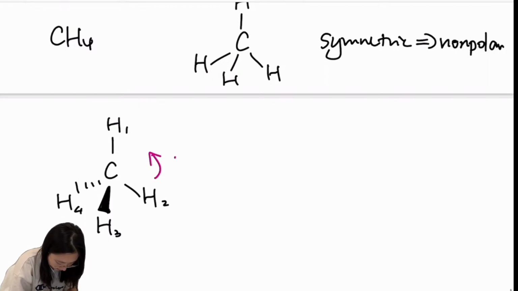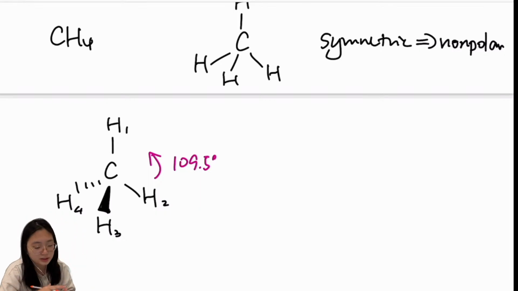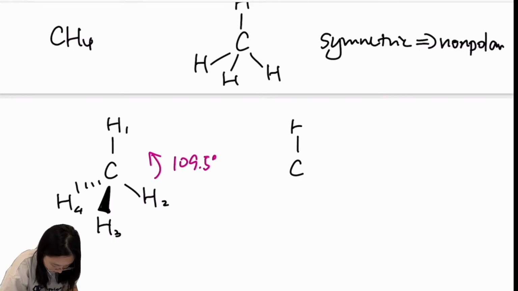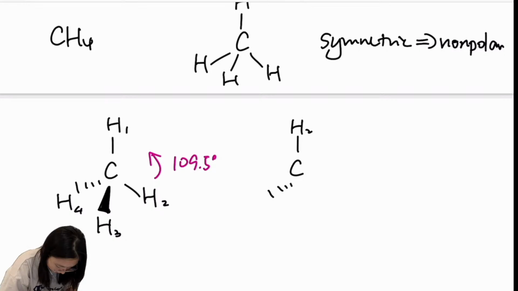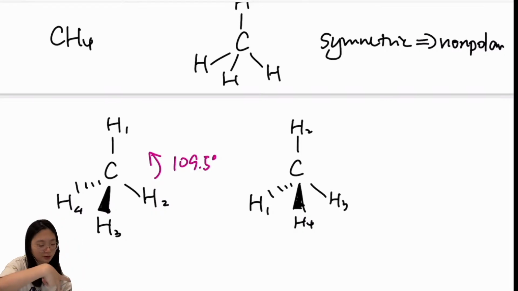Let's say you're going to flip it by 109.5 degrees. Then it's going to be exactly the same look. So when you flip it, hydrogen 2 is pointing upward, then hydrogen 1 is pointing downward. And then now this is hydrogen 4, and now this is hydrogen 3. It's exactly the same tripod structure with the stick pointing upward.